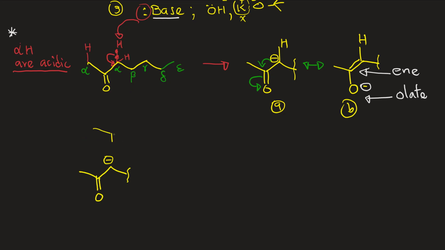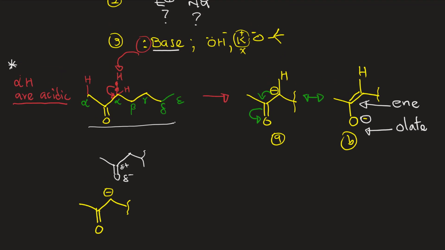Now imagine I have this nucleophile, the enolate, and I'm going to react it with an electrophile. Let's see where the electrophile is. I'm putting in white here the delta minus and delta plus. Normally the carbonyl behaves as an electrophile, the carbon of the carbonyl. So now you have a nucleophile and an electrophile.